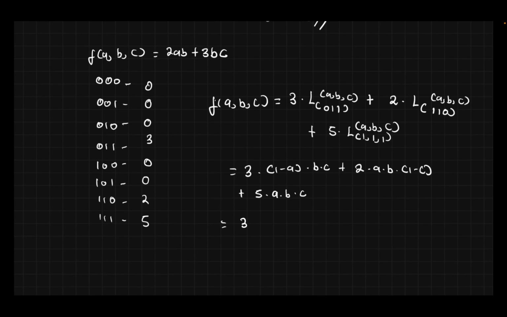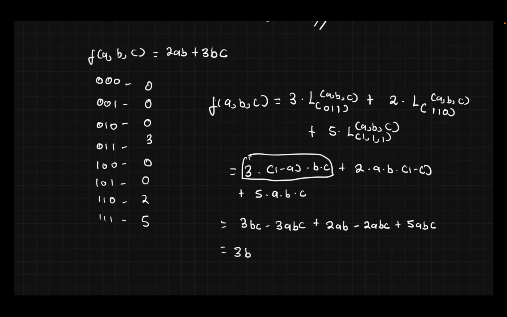So this is what? 3bc minus 3abc. I just did this one. Then plus 2ab minus 2abc. Then plus 5abc. So this is 3bc.